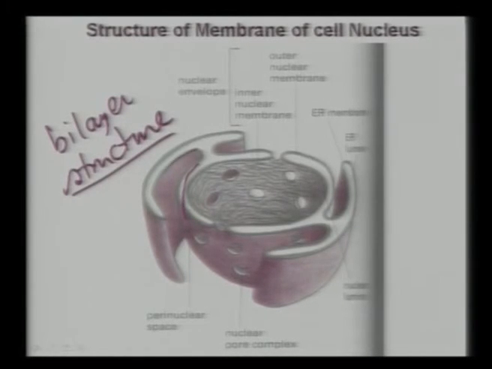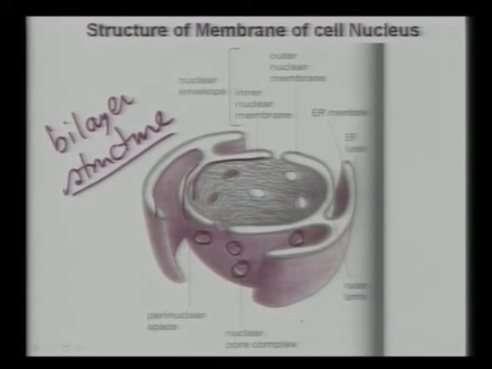In the nuclear membrane you have the outer envelope and the inner envelope, and you can see the small pores here. These small pores form the nuclear pore complex, NPC, and through these pore channels your proteins can be transported to and from the nucleus. So either the protein can be transported to the nucleus or out of the nucleus.